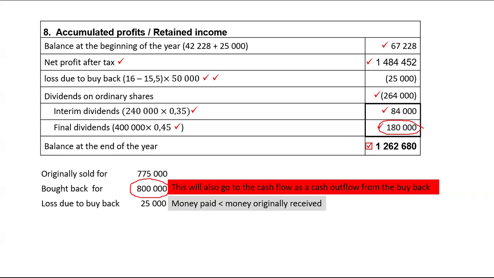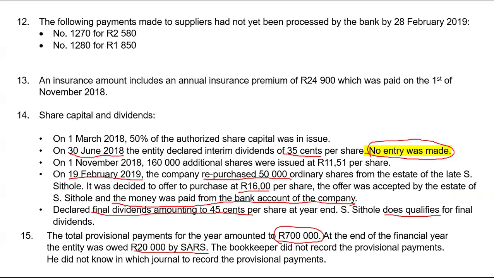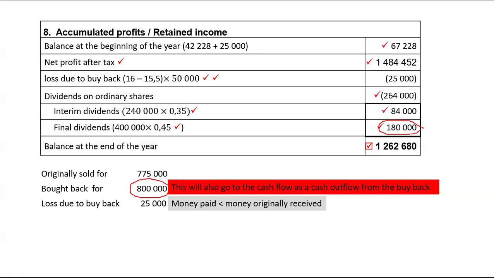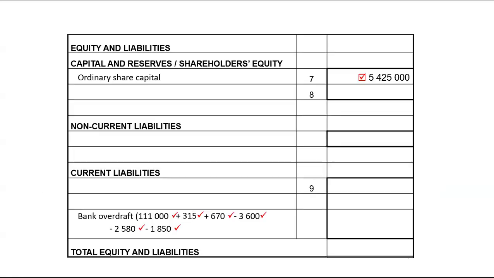The only thing that was not recorded here was the interim dividends. The interim dividends, we'll find them in your retained income, which was 84,000. It'll normally reduce our bank balance if it was positive. But because we have a bank overdraft, it'll actually increase our bank overdraft.